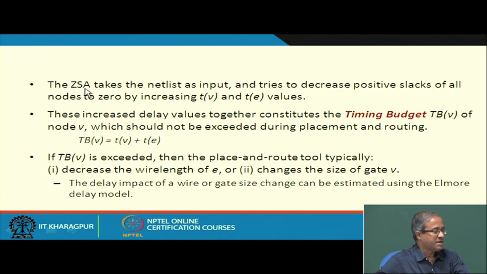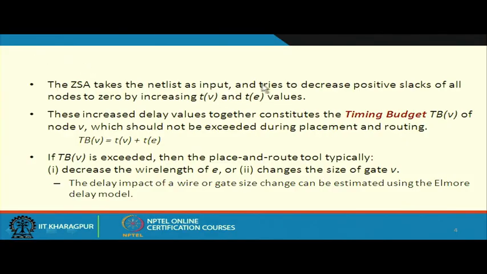The zero slack algorithm takes the netlist as input, and here I am assuming that there are no negative slacks. If there are negative slacks, I have already made some adjustments, so that the slacks have become all positive, okay, that I am assuming.